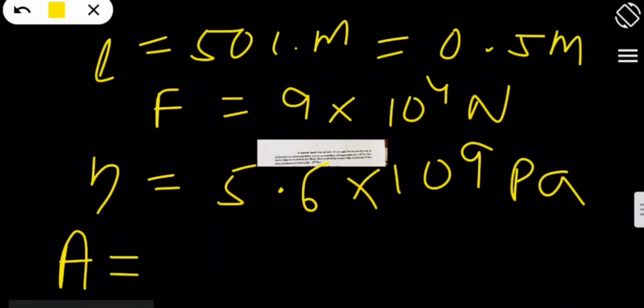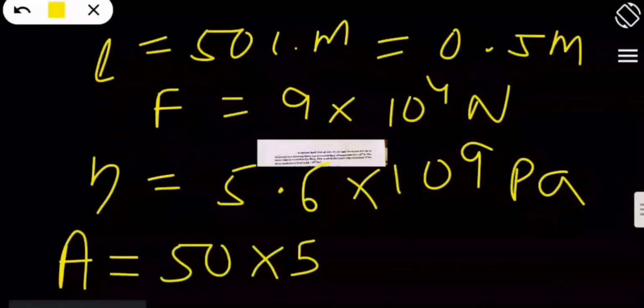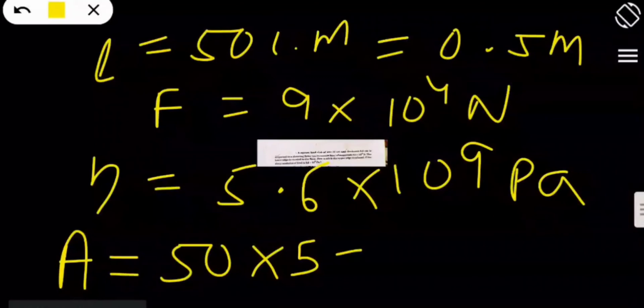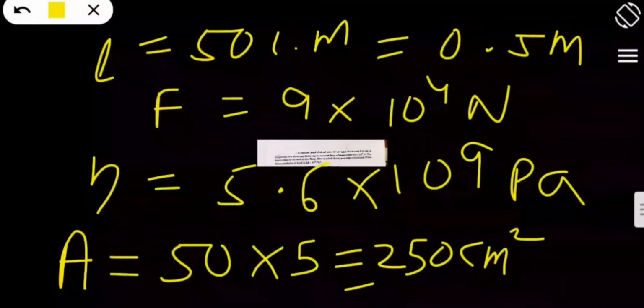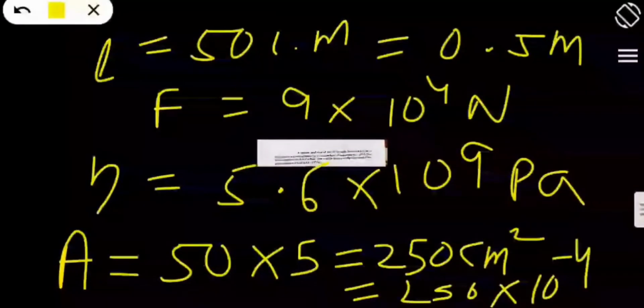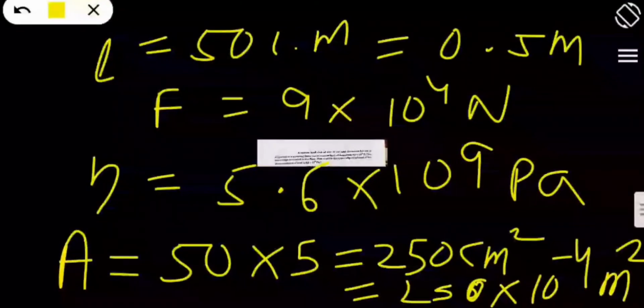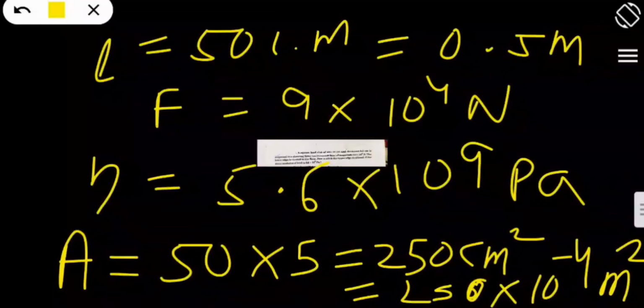So 50 into 5 will give you 250 centimeter square as your area. 250 centimeter square is how much meter square? It is 250 into 10 to the power minus 4 meter square.